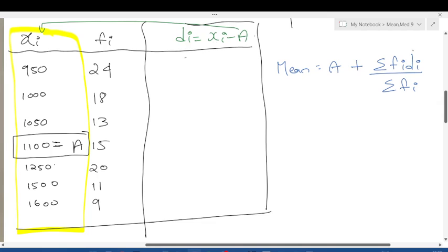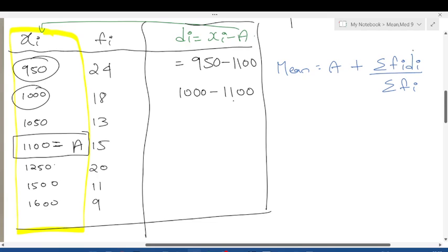For the first one, what is xi? 950 minus what is the A value? 1100. For the second one, xi minus A. Use this formula and substitute.